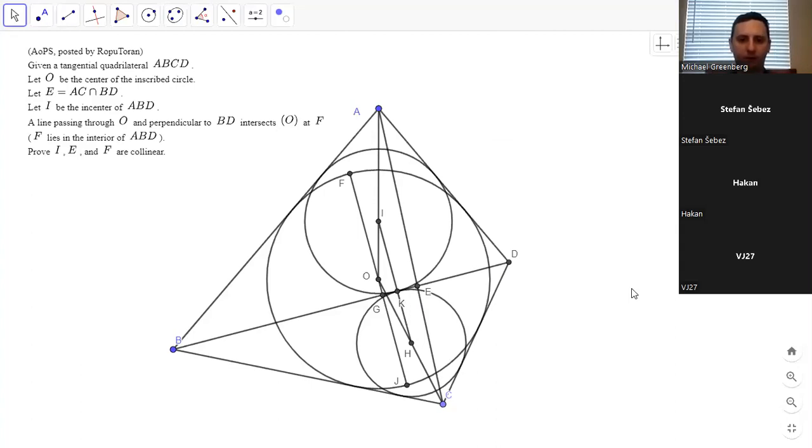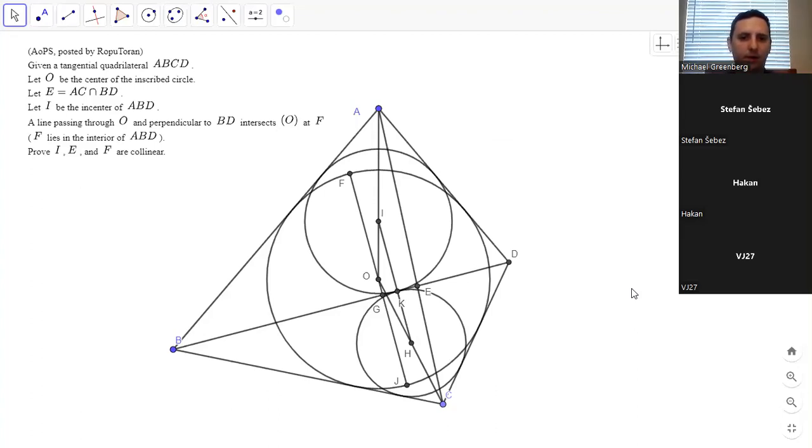Yeah, I don't know if that would be a strategy. I just don't know how to get the distance FG.